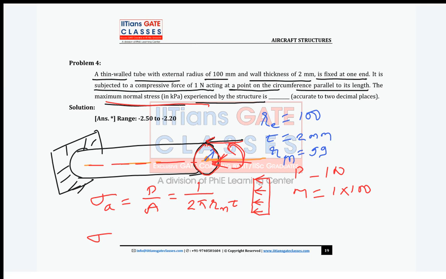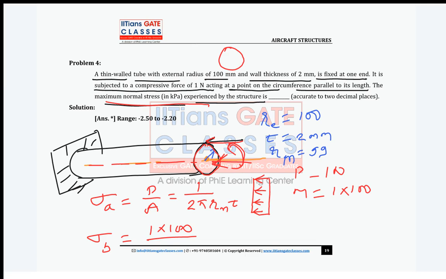Now what about another normal stress, which will be bending? Sigma bending will be M upon I into y, right? So what is the moment? It is 1 into 100, upon, what is the inertia for ring? Can anyone tell? What is the inertia of a ring? There are two ways, right? Hollow or thin walled.